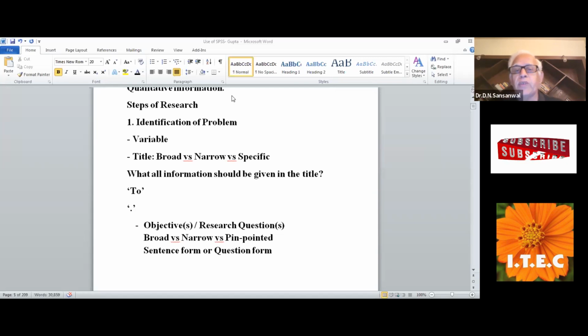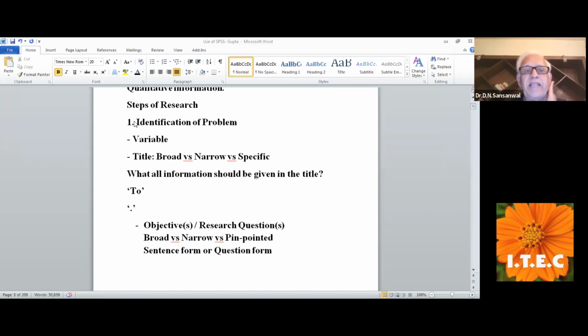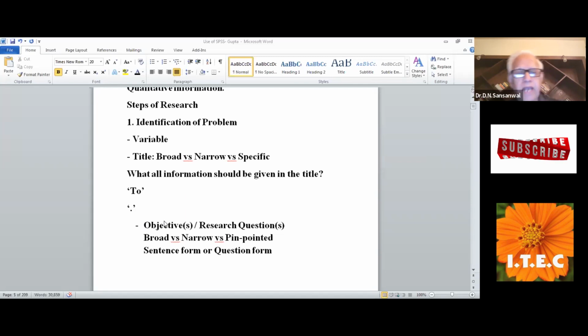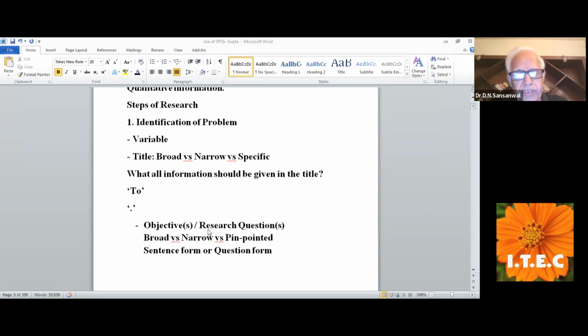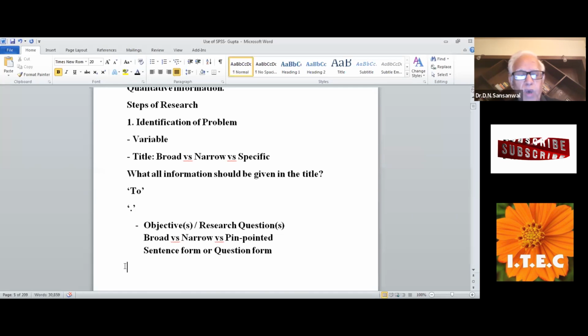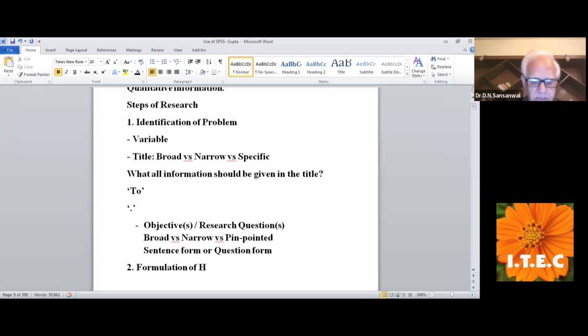All right, so let me give you all the steps. Now, in the first step, the last is objective or research questions. Once you have the objective or the research question, then the next step is formulation of hypothesis.